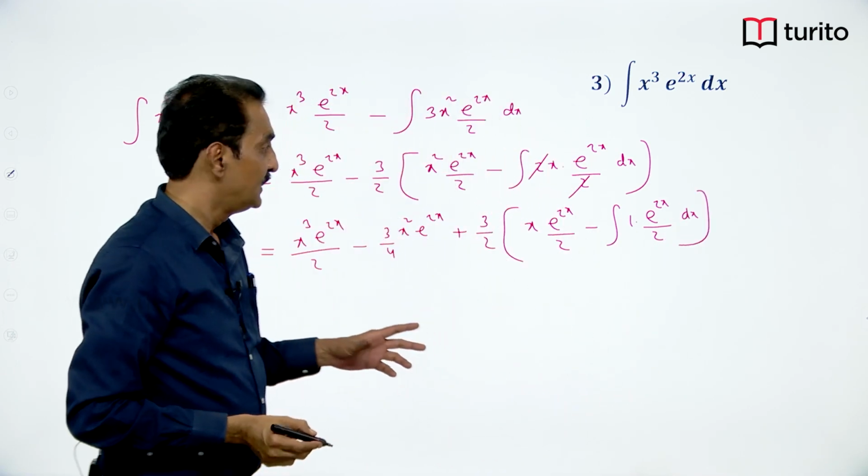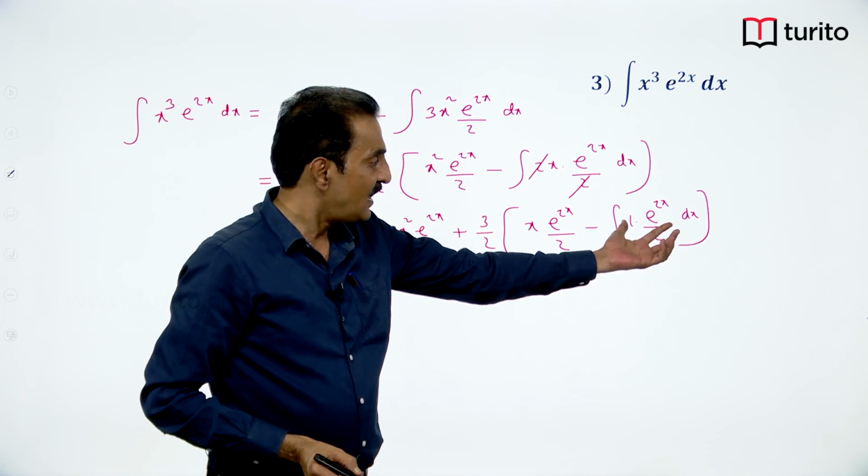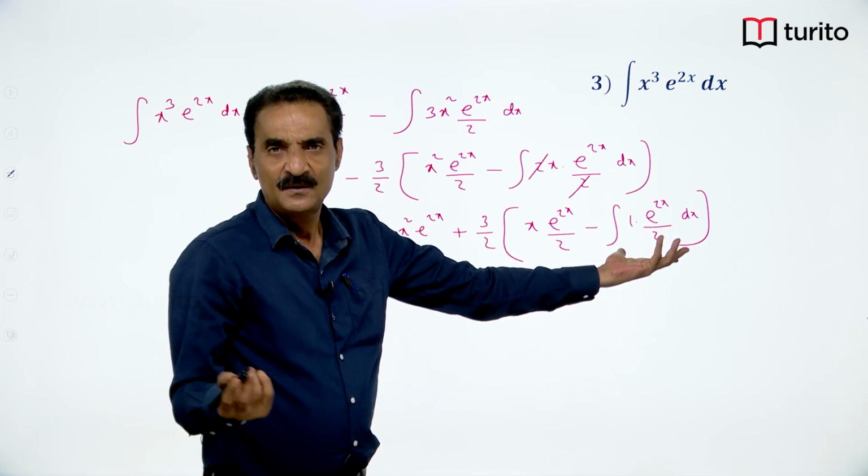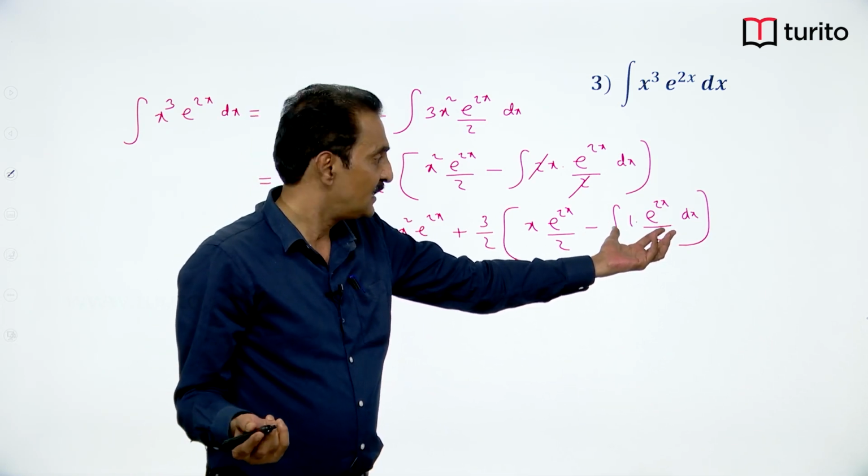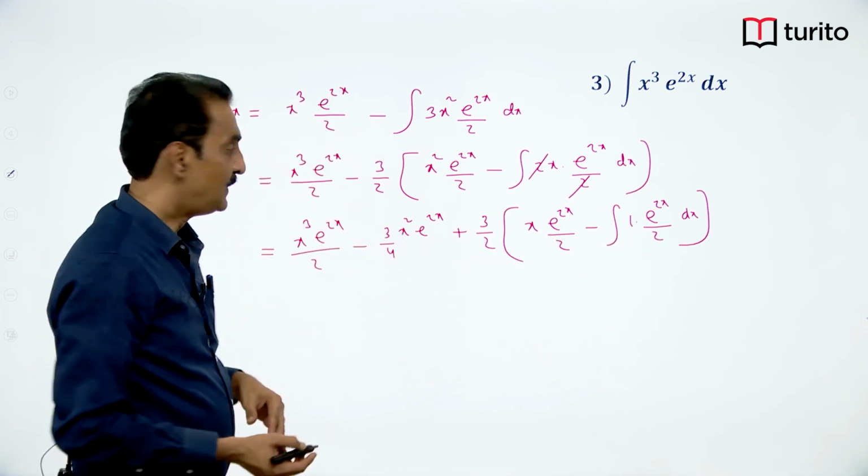Okay. Now finally the last term is integral e power 2x by 2, which can be directly calculated by using the formula.